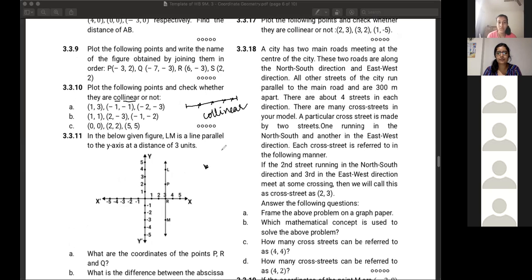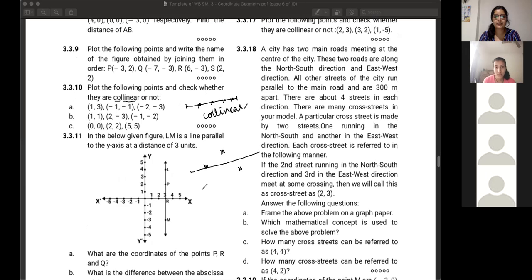But if you can't draw a single line through them, then they are non-collinear. Okay. So collinear means lying on the same line.